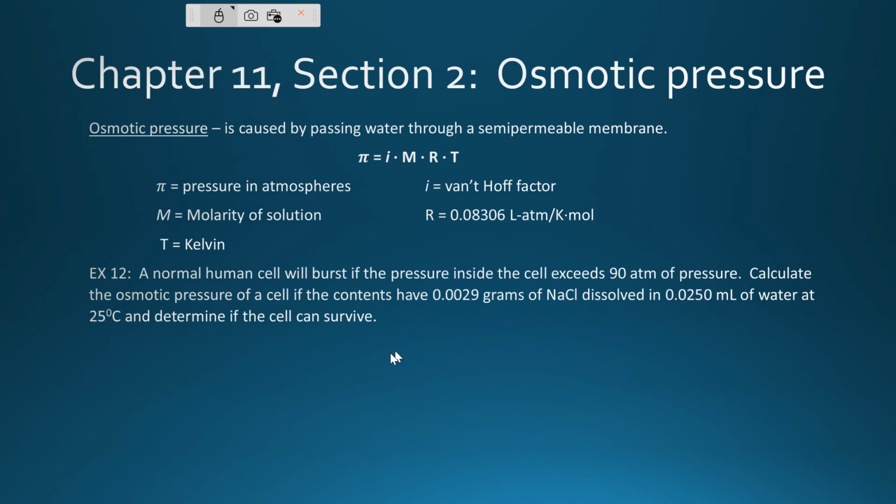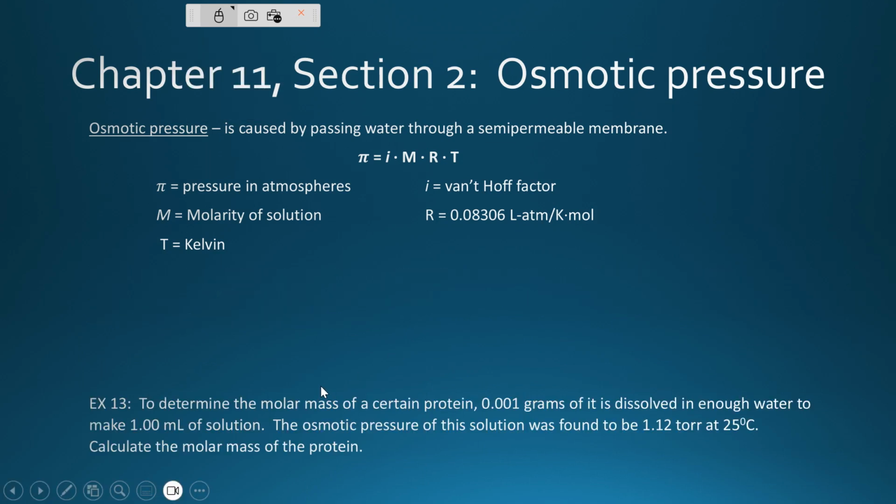Okay, that's how we work with that particular example. Let's do one more, and this is dealing with a protein. And we know that we have 0.001 grams of it, and it's dissolved in enough water to make 1 milliliter of solution. Okay, the pressure was found to be 1.12 torr, and so notice this is torr, and we need to be in atmospheres.